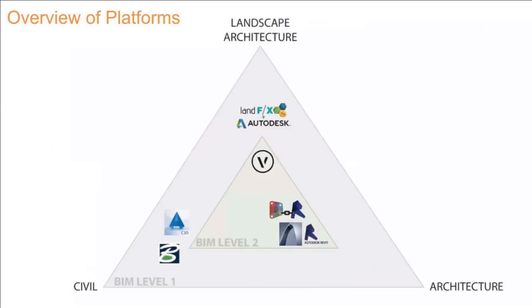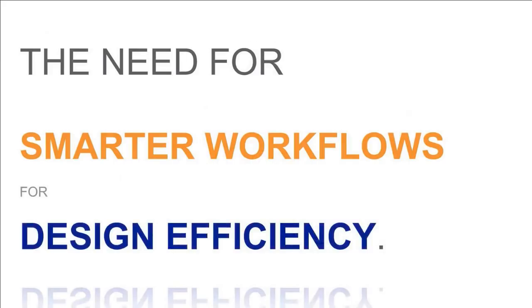But jumping into BIM Level 2, Vectorworks is really one of the, and this is an opinion, but we found that it's one of the strongest tools out there in allowing landscape architects to use the information that they have on plant material, irrigation, etc. But then also Revit and some of the other tools are very powerful as well, especially when you combine them with plugins such as Dynamo and some other things. So again, it's the need to work through these smarter workflows for design efficiency.